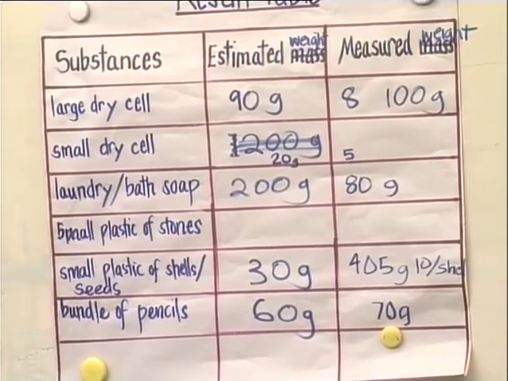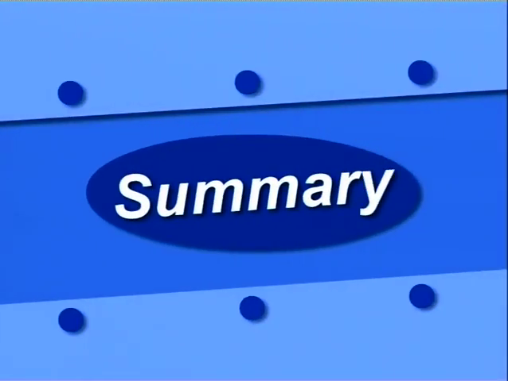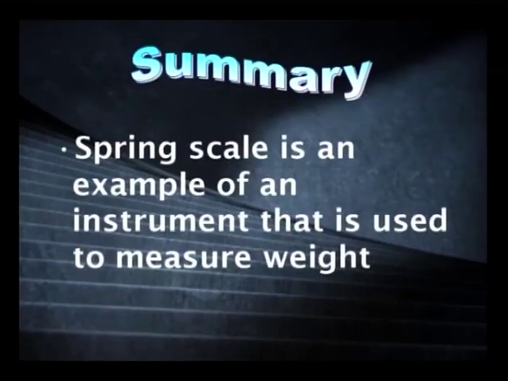Okay, this has now brought us to the end of our lesson, but before we go, we will go through the summary for today's lesson, class. Spring scale is an example of an instrument that is used to measure weight.